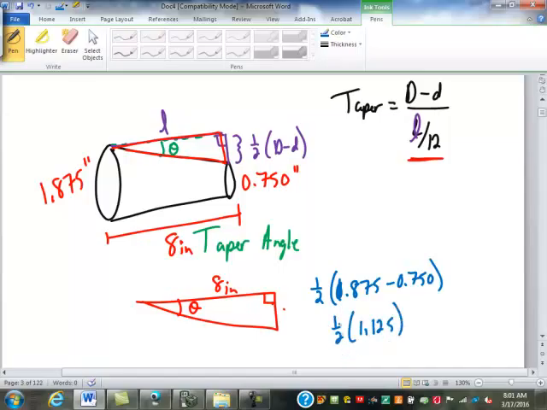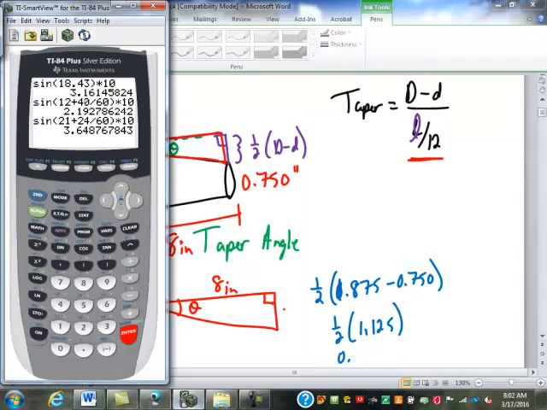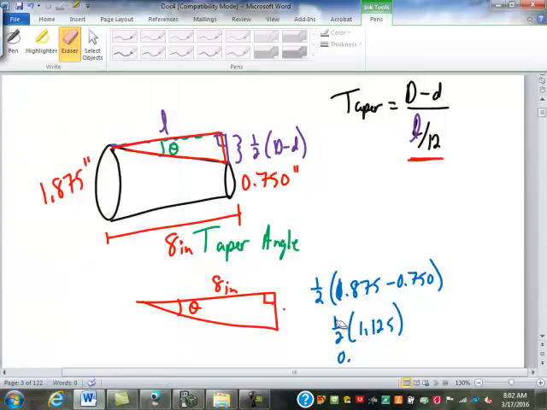So times the 1/2 or divided by 2 is 0.625, right? Is that right? 0.5625. How about I use my calculator? 0.5625. Is that correct?